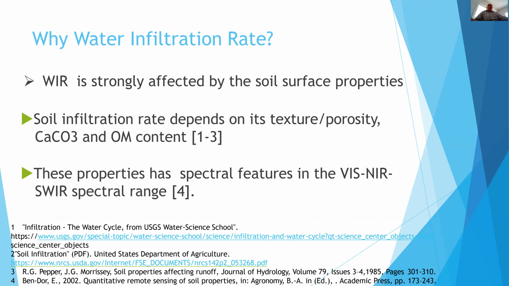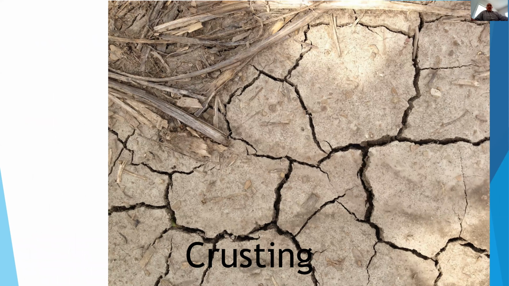Water infiltration is strongly affected by soil surface property, and these soil surface properties are affected by many soil attributes like calcium carbonate, organic matter, and texture. All of these attributes are very nicely depicted by spectroscopy. But this is just to show you the surface when we have crust or seal.